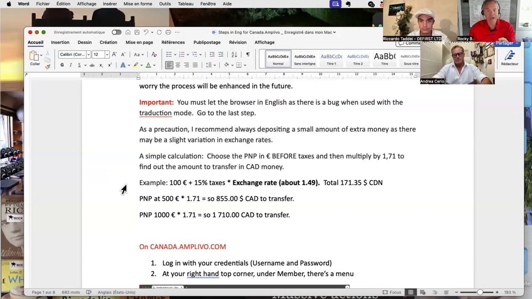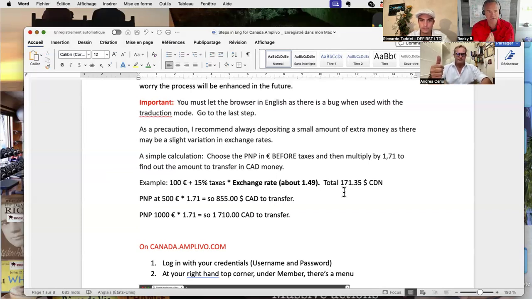If I want to buy a package of 100 euros, you multiply it by 1.71. You want to buy a package of 500 euros, multiply it by 1.71. It includes the taxes and the exchange rate.